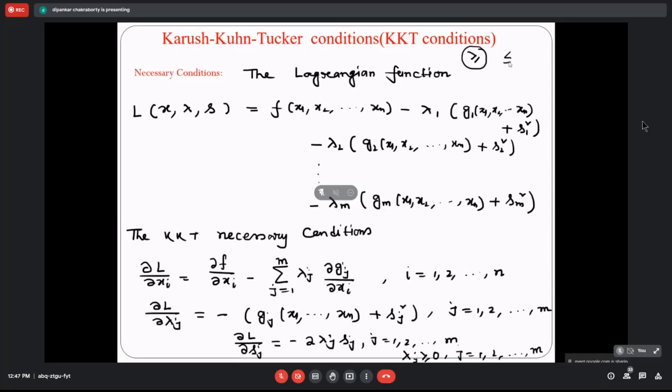Now, if we do not fix the nature of lambda, then this greater than equal to 0 and less than equal to 0 will not come here. Because if lambda is negative, then this is going to come as negative. If lambda is positive, then this is going to come as positive. So whether less than equal to type constant is there or greater than equal to type constant is there, you cannot identify.